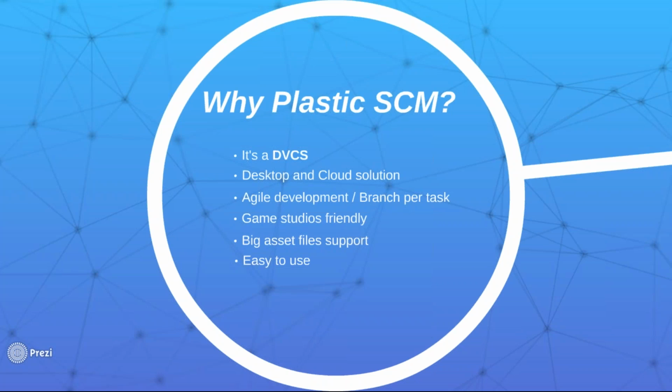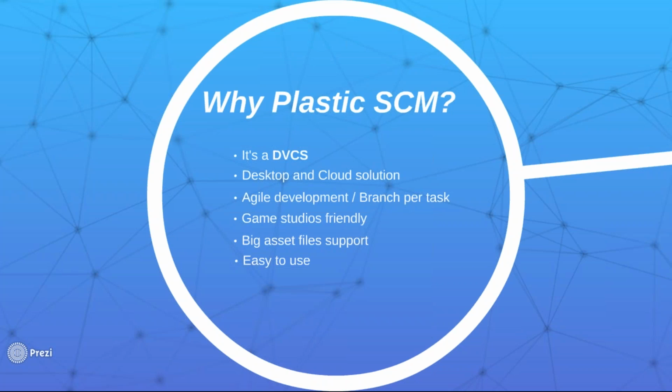It's a desktop and a cloud solution. As I said, you can work with your local server, a desktop server, and you can also work with a cloud server. We have something called the Plastic SCM Cloud, and you can store your repositories in the cloud using our own cloud solution. You can do agile development using the branch per task methodology.